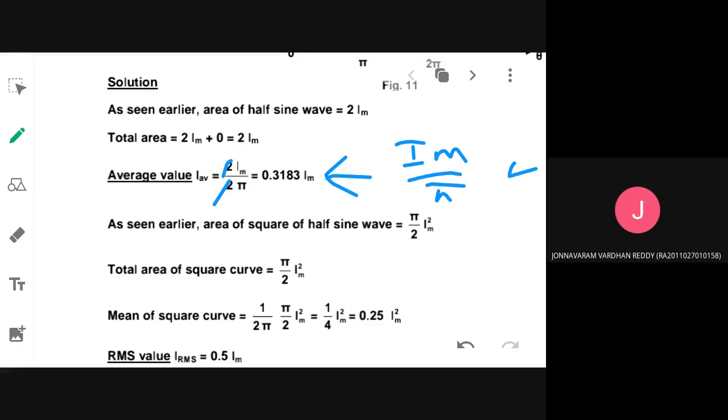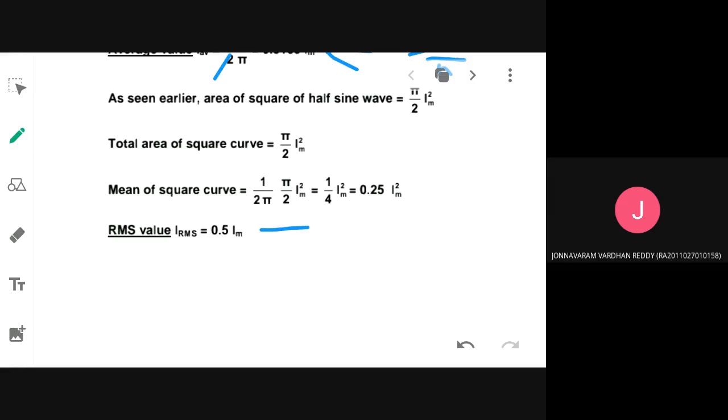Ma'am, RMS value Im by 2 root 2, ma'am. No, not 2 root 2. 2 will come. Check it out. Im by 2 is the answer for RMS.